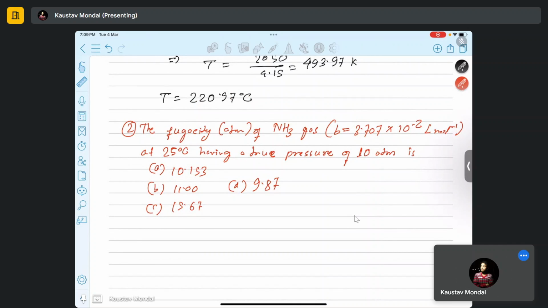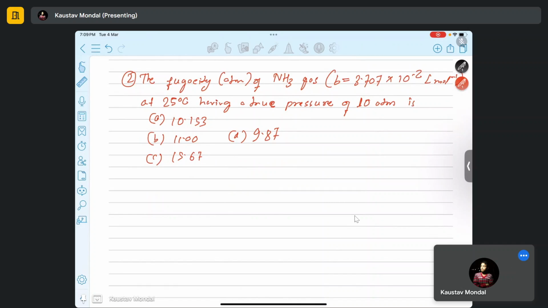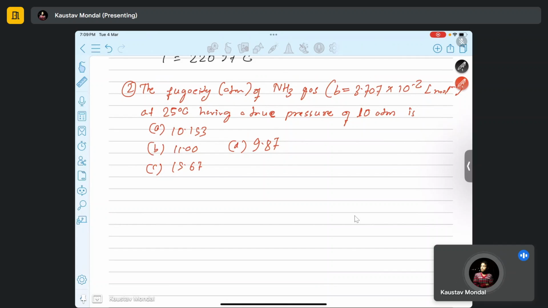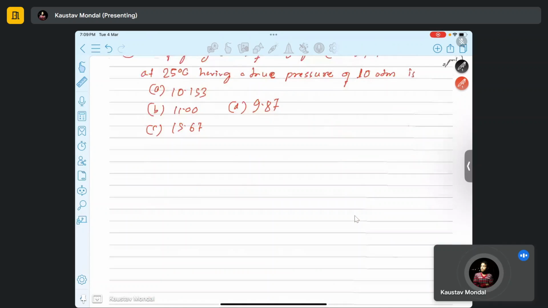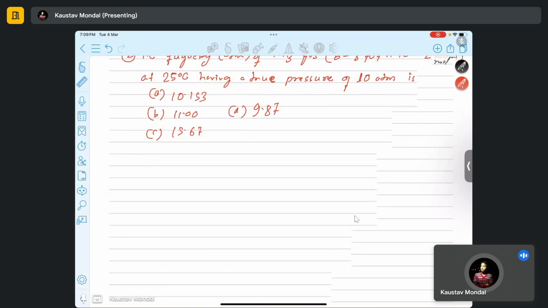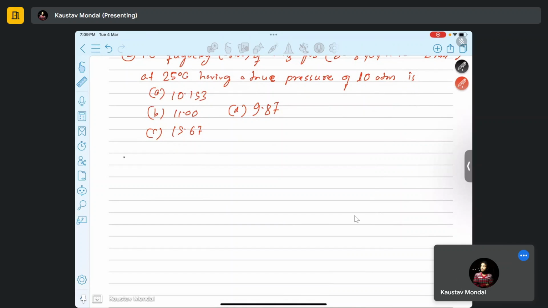Okay, so fugacity. In the previous tutorial we also discussed fugacity, but let me just explain it here once again. So what is the fugacity coefficient?